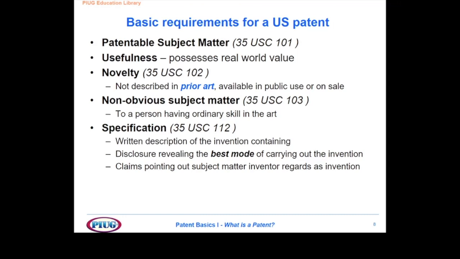And this would be described in more detail in section 112, which includes information about the specification and the written disclosure, which typically includes examples and ends with the claims pointing out the subject matter that the inventor considers to be the invention.